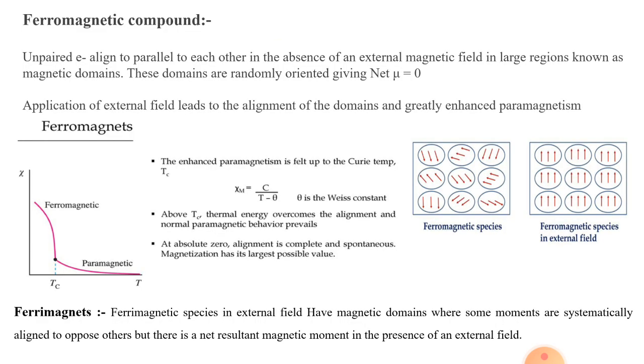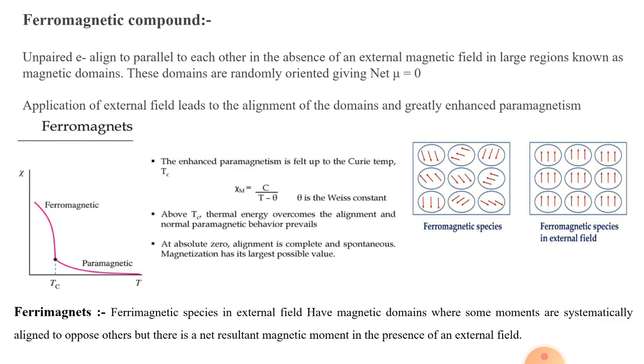Ferromagnetic compounds are the coordination compounds which contain a large number of unpaired electrons, and due to the presence of unpaired electrons, they show higher magnetic behavior. When we apply the magnetic field, there is a change in the alignment of the electron species in particular directions.